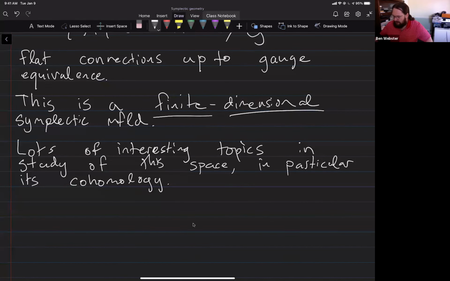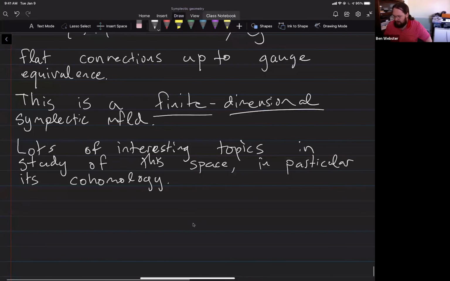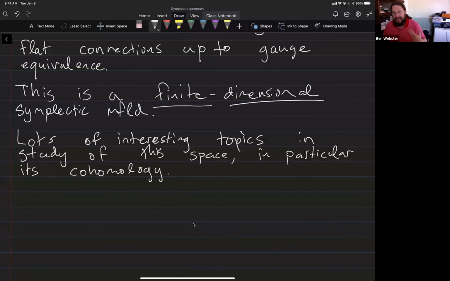Let me just say there's another way to think about this. A flat connection exactly means that when I continuously vary the path without changing the endpoints, I will get a map which is unchanged.